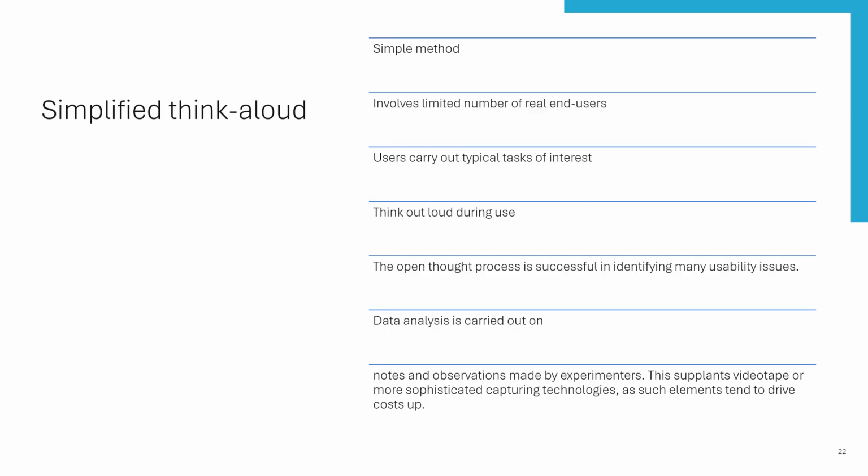That's really successful in identifying usability issues. Actually, we can mix the scenario and the simplified think aloud at the same time. Then the analysis of those insights is conducted, and we can use notes or videotaping, but notes and observations are good enough because we don't need a really huge lab to conduct that.